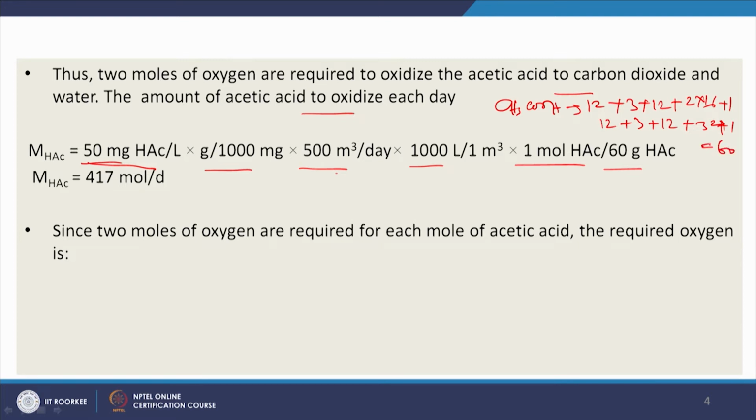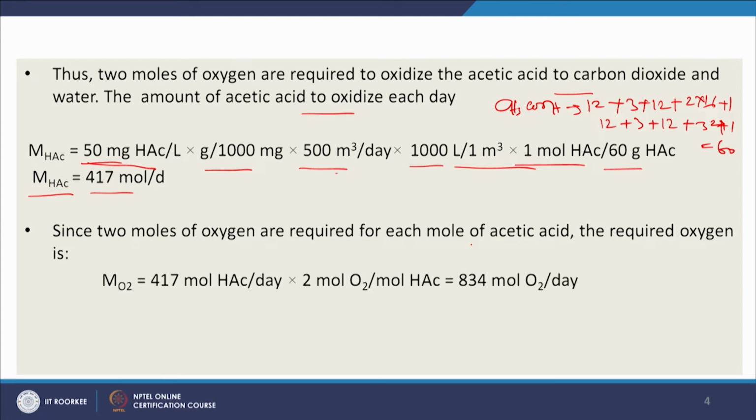So the molecular weight of acetic acid is 60 gram. By this expression, we get the acetic acid amount in moles per day. Now, since 2 moles of oxygen are required for each mole of acetic acid, as per our previous expression, how much is the required oxygen?